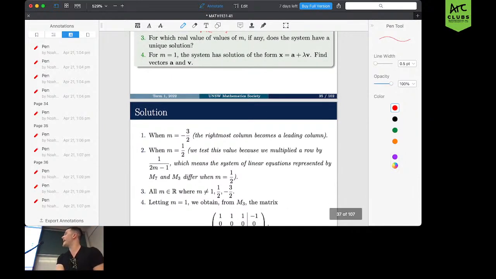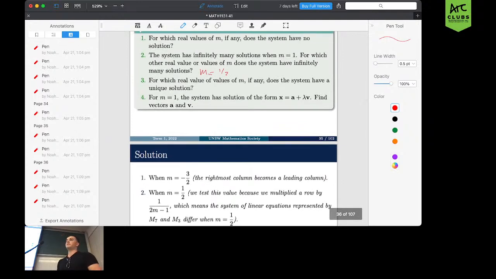So that's unique because we've covered the previous two cases, so we can just say everything that was not the previous two cases.